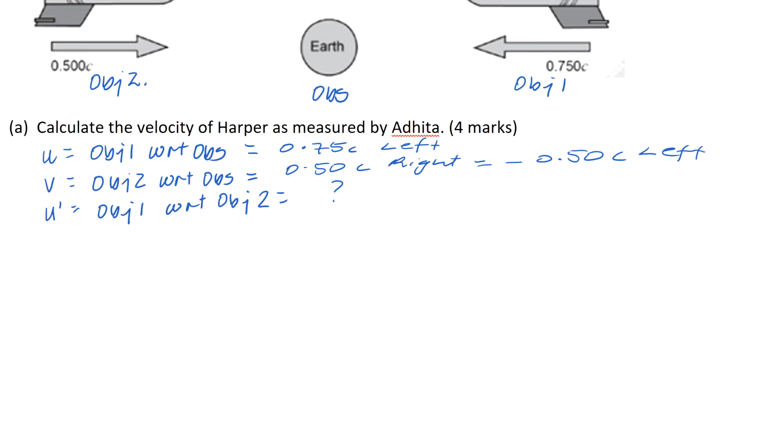Okay, let's have a look at our equation for u dash. So it's u take v over 1 take u times v over c squared. Let's pop in our numbers.